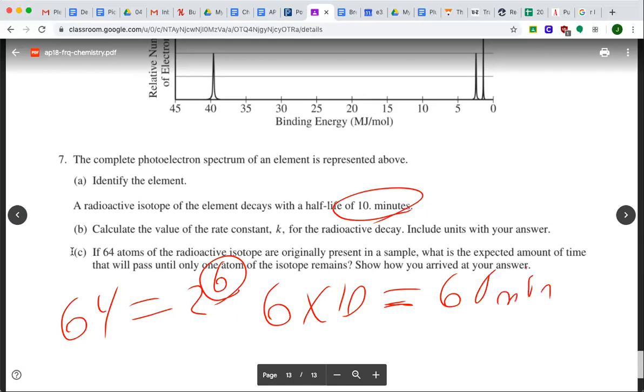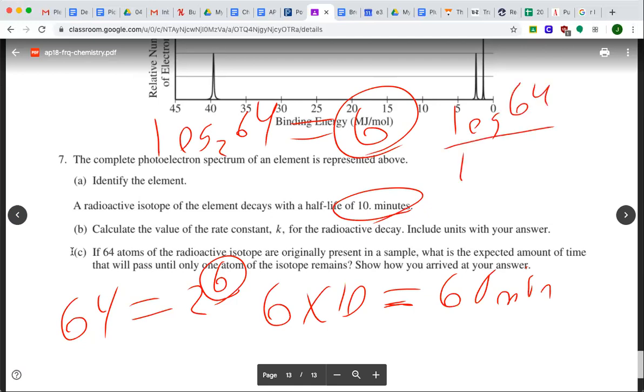The other thing that you could do is log base 2 of 64, and that would give you 6 half-lives, right? If you need to do change of base, you do log base 10 of 64 divided by log base 10 of 2, and that should also equal 6. Let's just double check that that's correct.